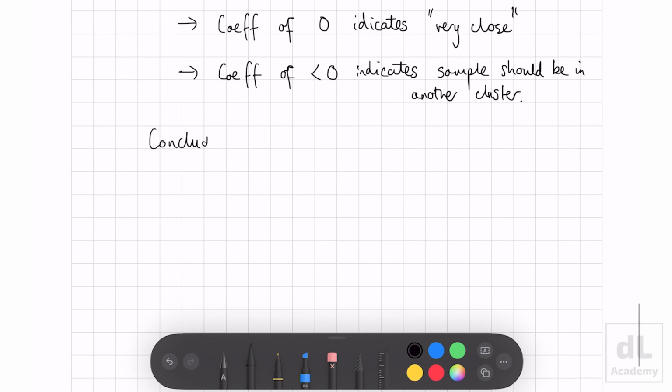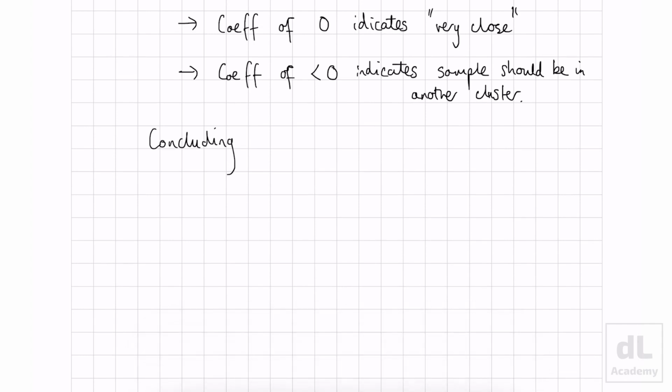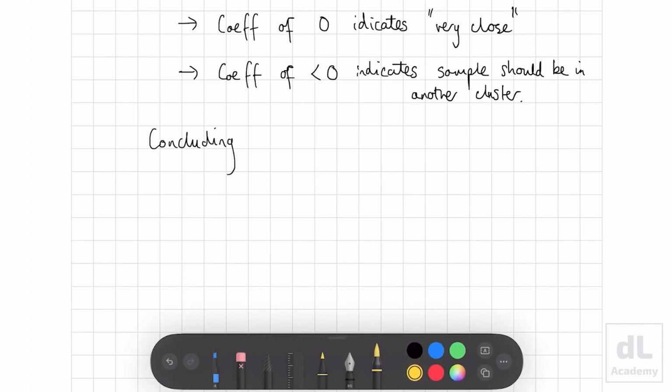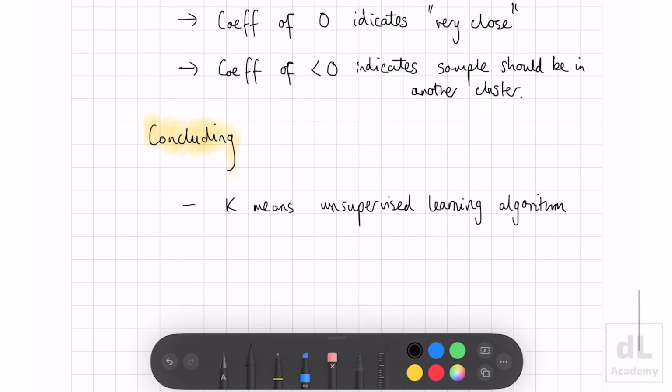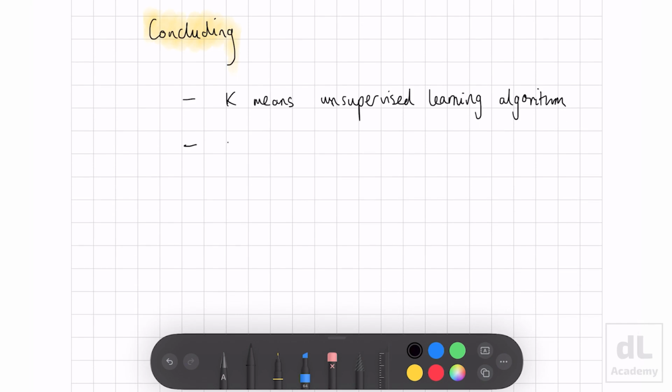So concluding remarks. Key points to remember. K-means is an unsupervised learning algorithm. It is a clustering algorithm.